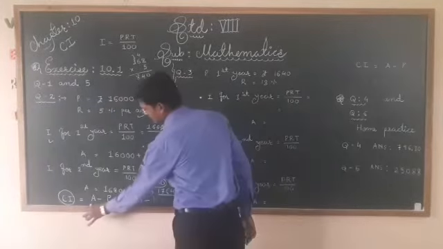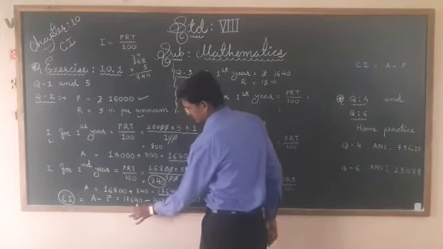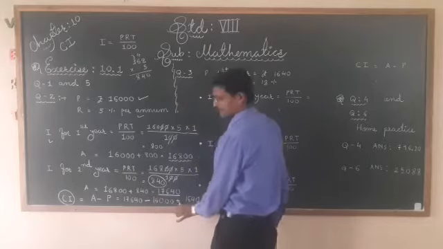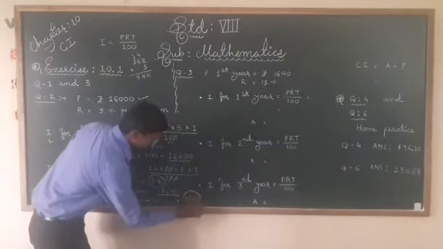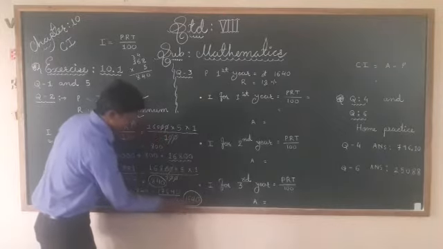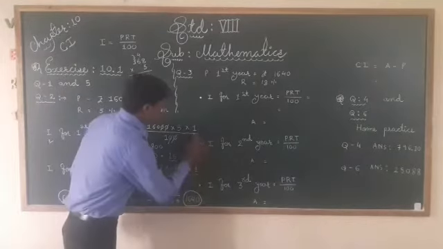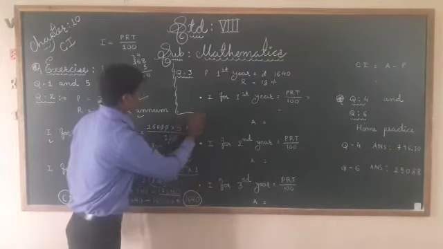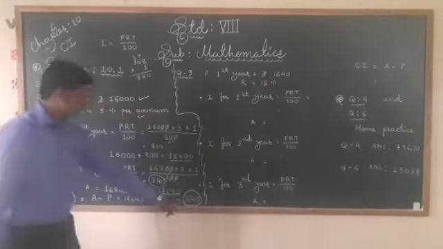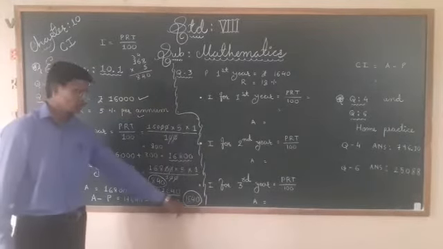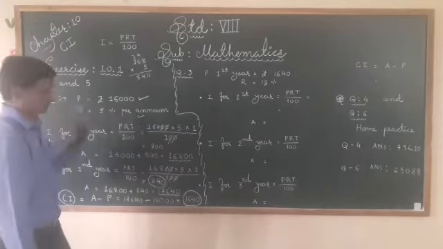So compound interest is amount minus principal. So 17,640 minus 16,000, your compound interest will be 1,640. That is the answer of question number 2. Okay, so 1,640 rupees is the answer of question number 2.